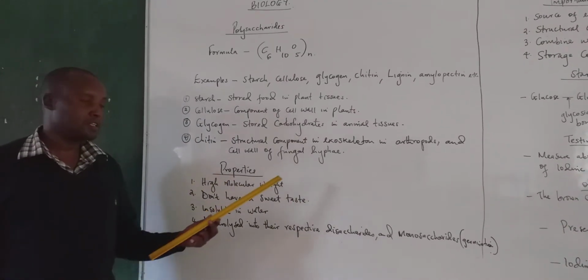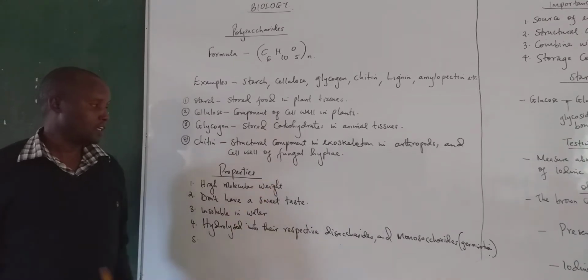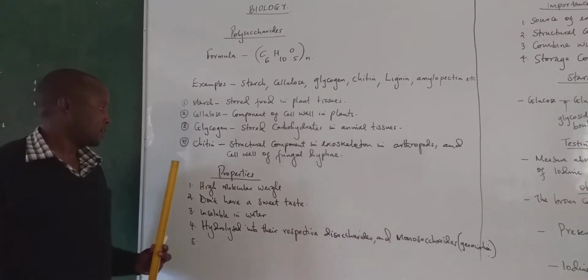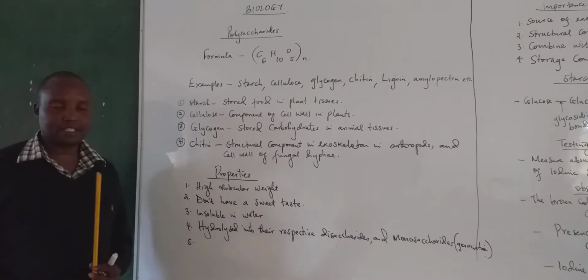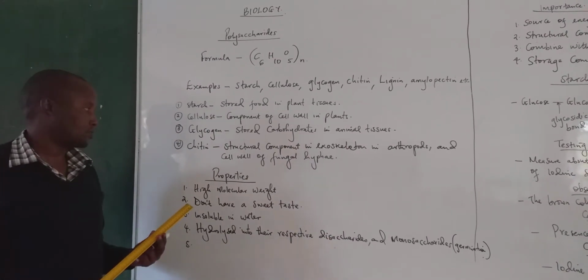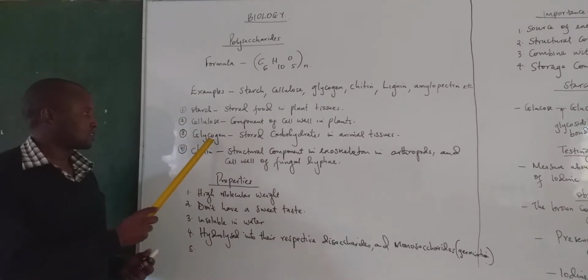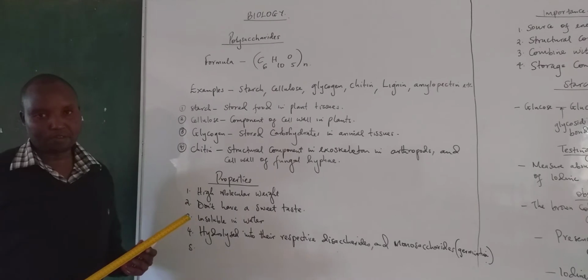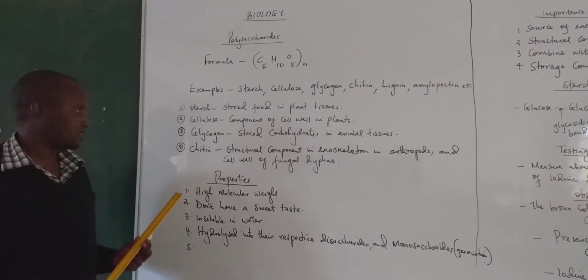Remember, the hypha is the basic unit of kingdom fungi, so its cell wall is encased by chitin, which is an example of a polysaccharide. So chitin, glycogen, cellulose, and starch are all polysaccharides.